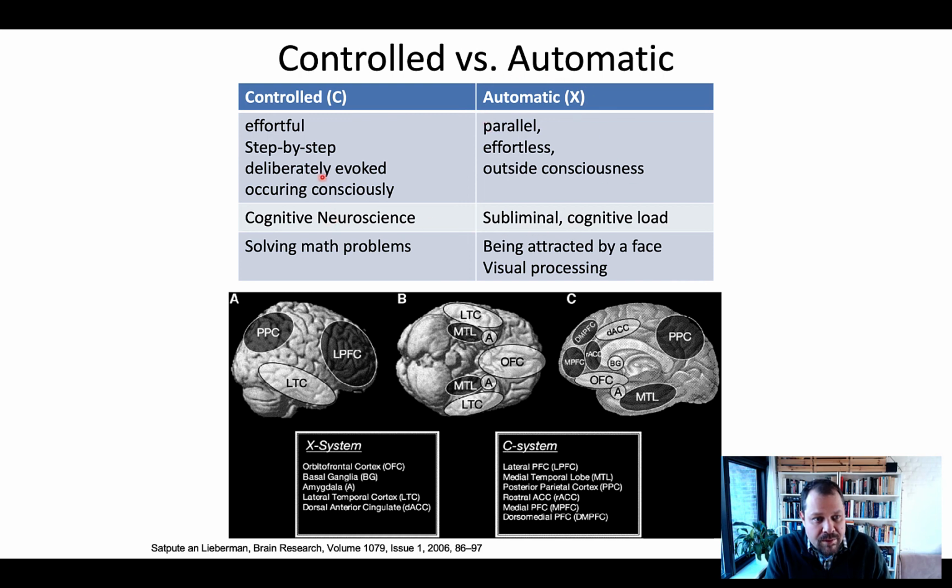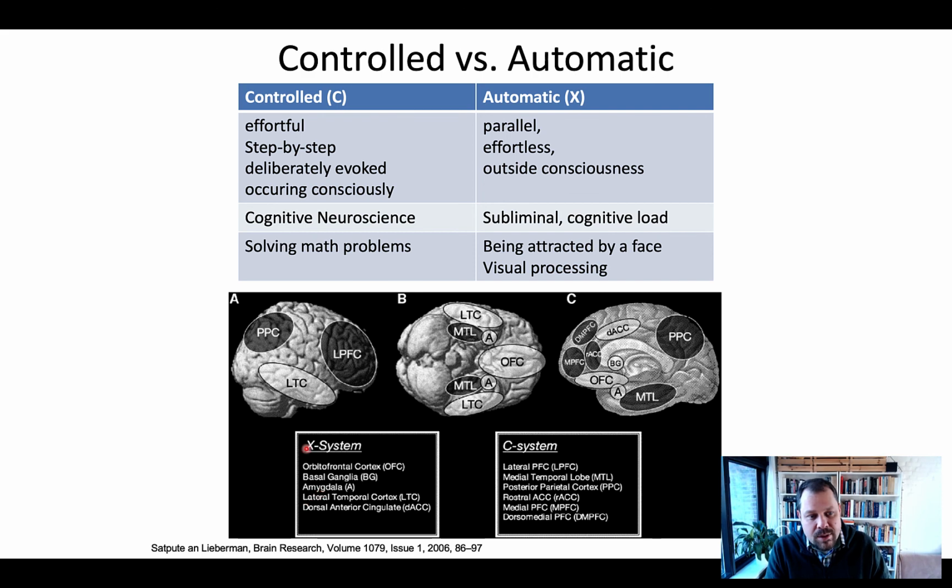The controlled network is responsible for effortful, step-by-step and deliberately evoked behaviors. We can see those in the C system here, shown in the dark regions, including the lateral prefrontal cortex, the posterior parietal cortex here, and the posterior cingulate cortex. And these are regions that we know are involved in behavioral inhibition and behavioral control.